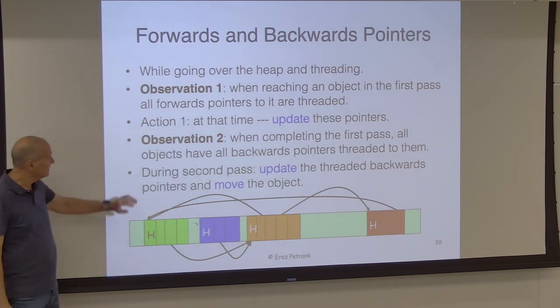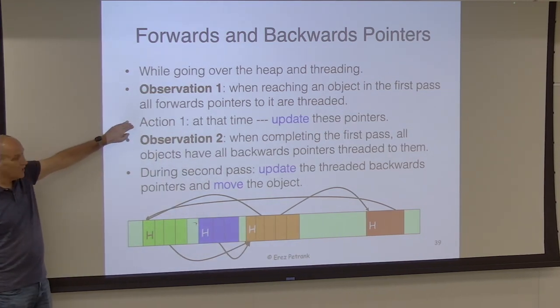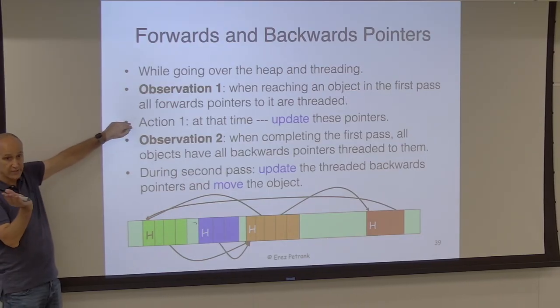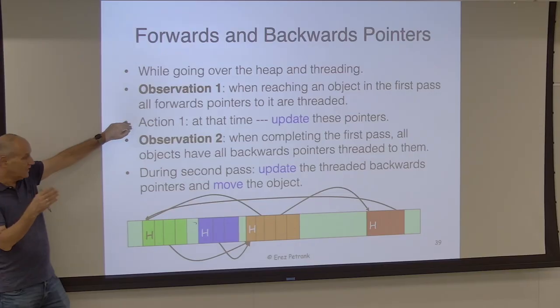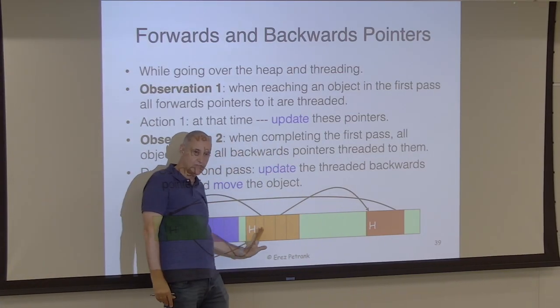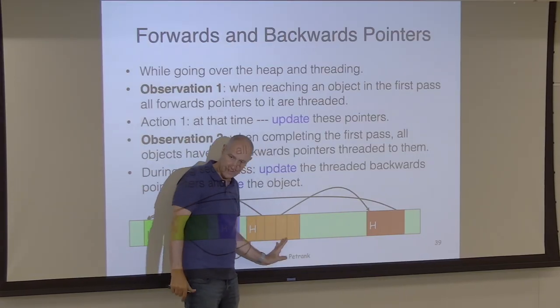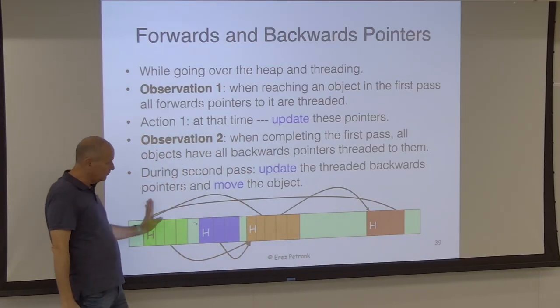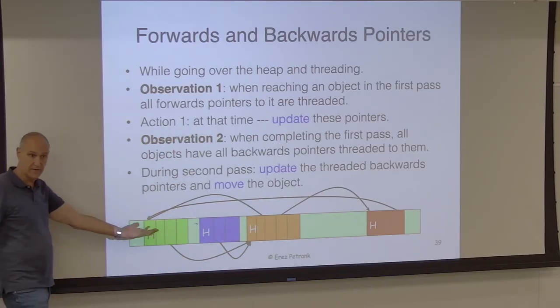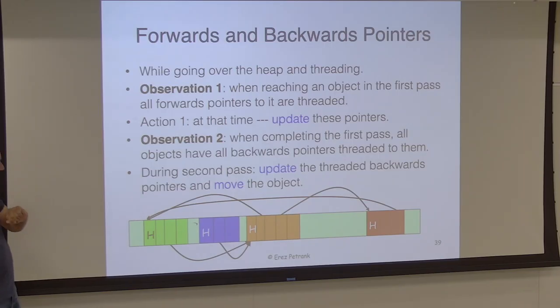Okay, so this is what I'm going to do. I'm going to update pointers when I get to an object. It's not going to be all the pointers that point to it. I have not yet seen the pointers from higher addresses which go backwards into this object. But all the pointers that go forwards into this object, I've already threaded and I can now fix when I see it the first time.